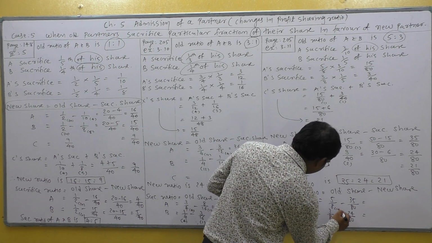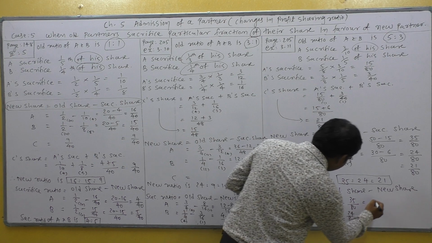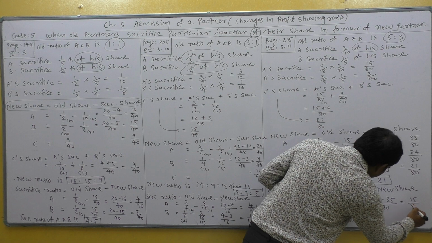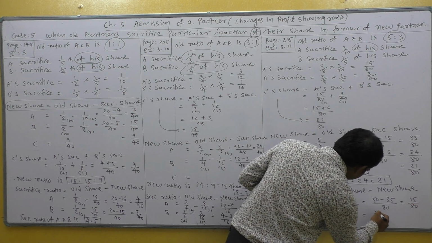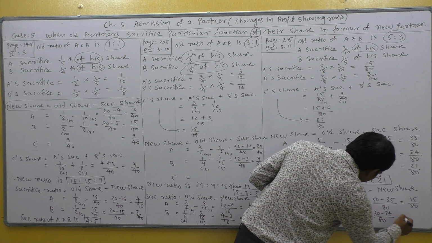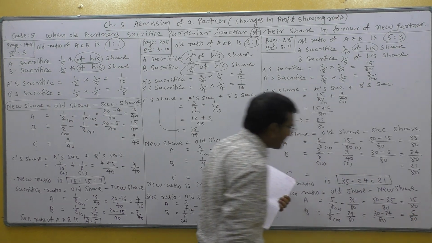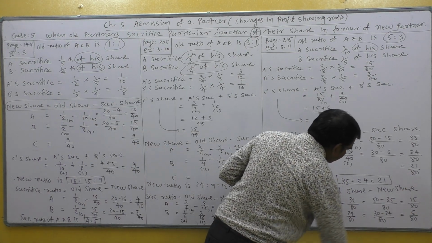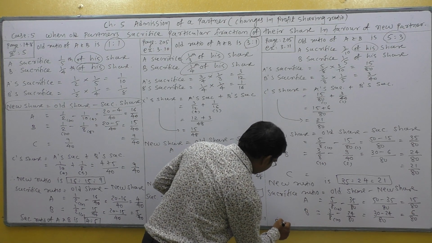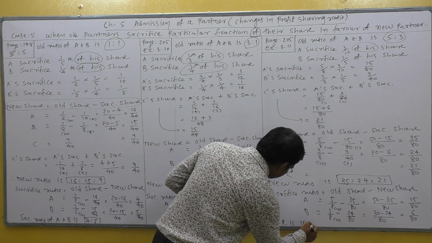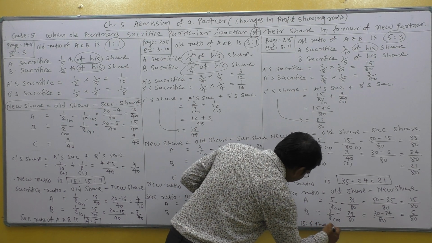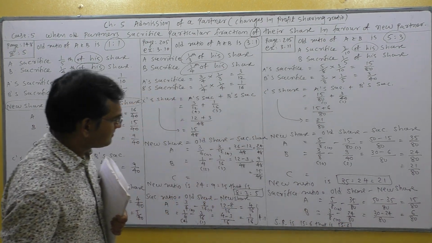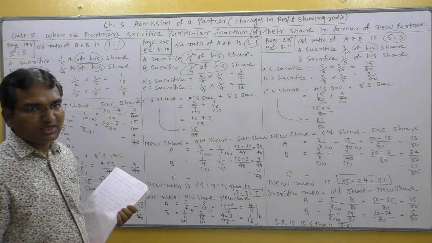So here 10 5s are 50 minus 35 divided by 80 is equal to 15 by 80, and 30 minus 24 by 80 is equal to 6 by 80. So what is the sacrifice ratio? The sacrifice ratio is 15 is to 6, that is 5 is to 2, because 3 is common.